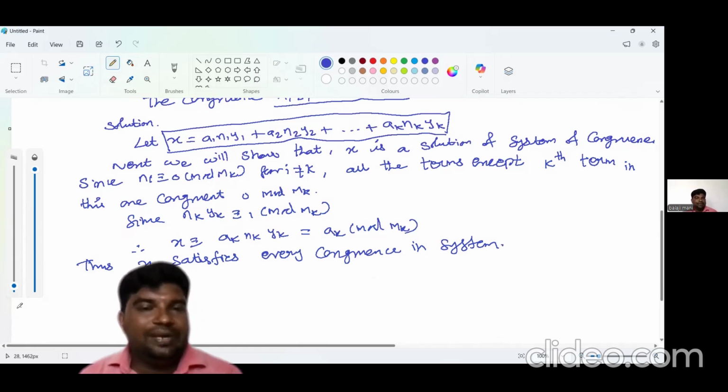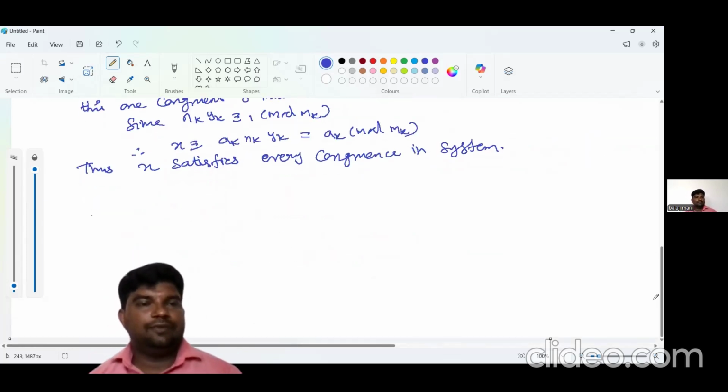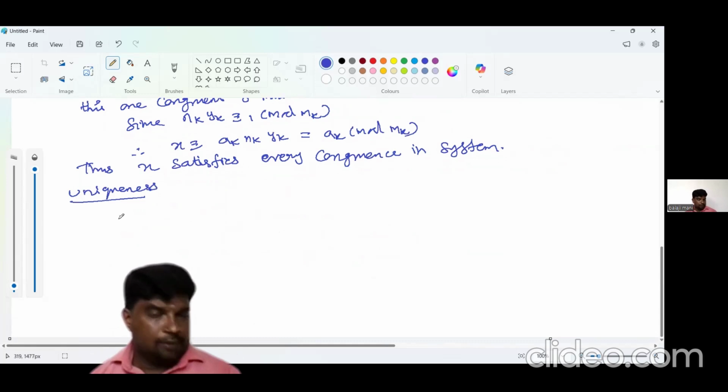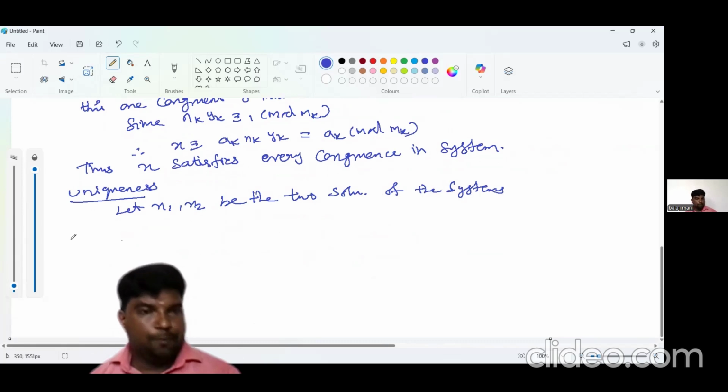Next we can show the uniqueness part. Now I take two solutions. Let x1, x2 be two solutions of the given system, to prove x1 ≡ x2 mod n.